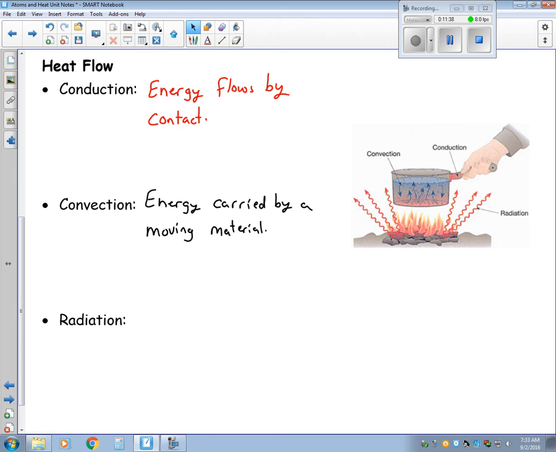So as you can see, convection would only work with liquids and gases. So think about convection currents, hot air rises, things like that.